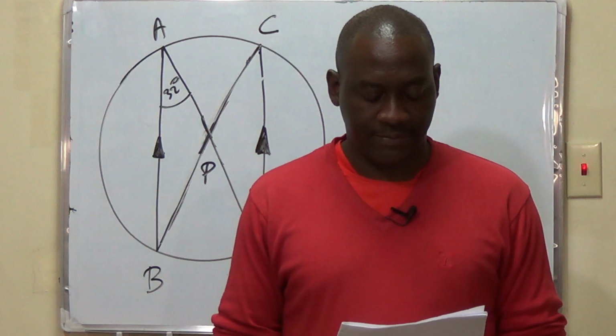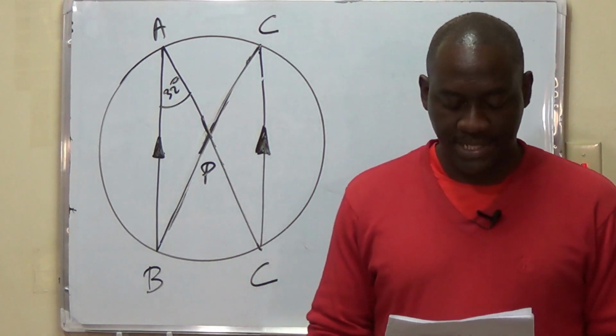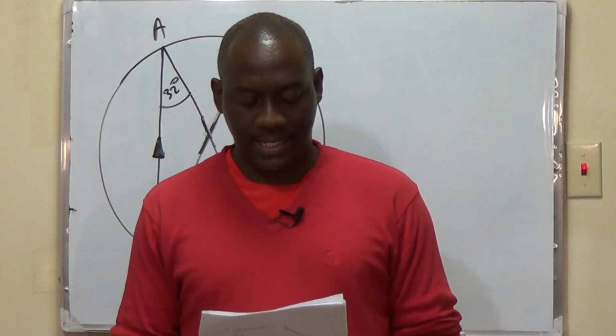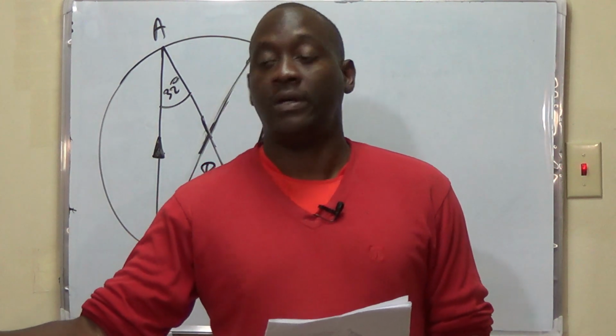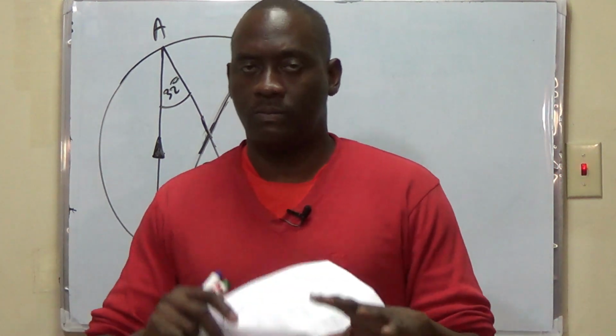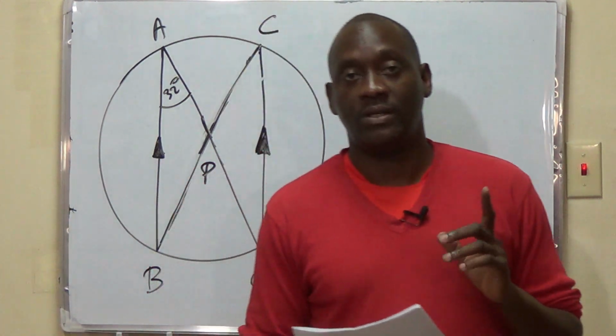In the figure above, AB is parallel to CD and angle BAD is equal to 32 degrees. Angle APC is equal to. Alright, so we will need to talk a little bit for this question, so stick around.